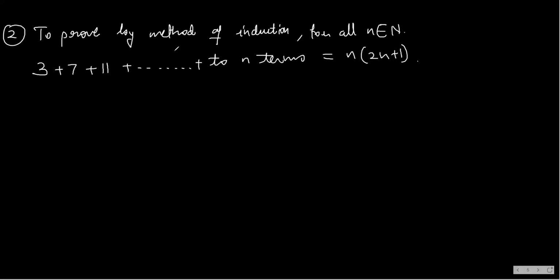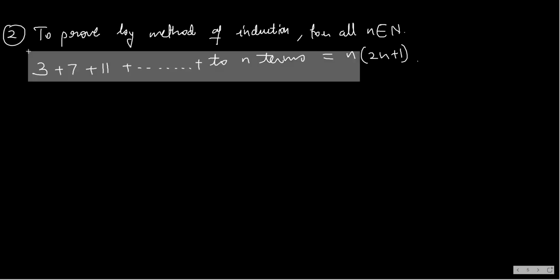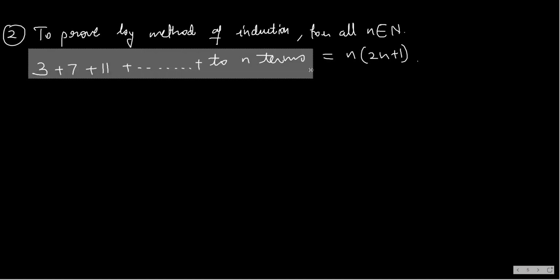So now we go for the second question. To prove by method of induction for all n natural, this proposition would be true. What is that? Look at the proposition left hand side. You are adding 3, 7, 11 and so on to n terms.